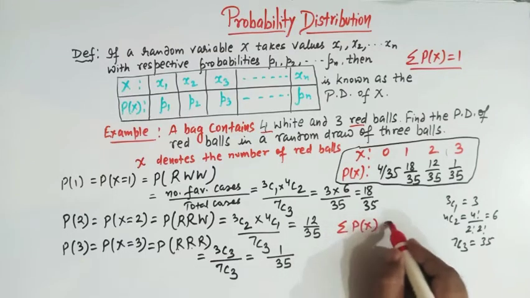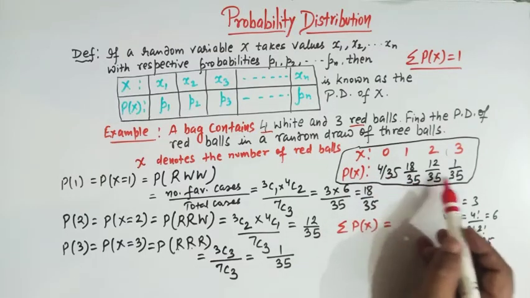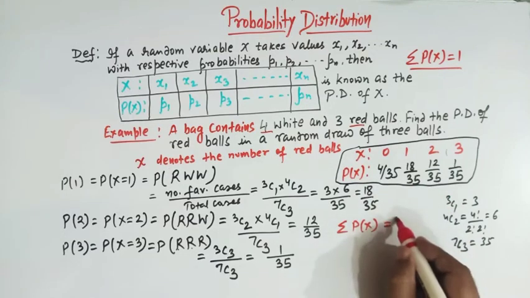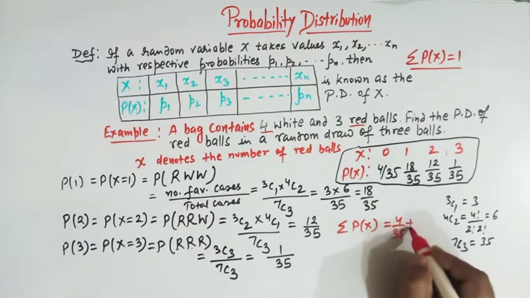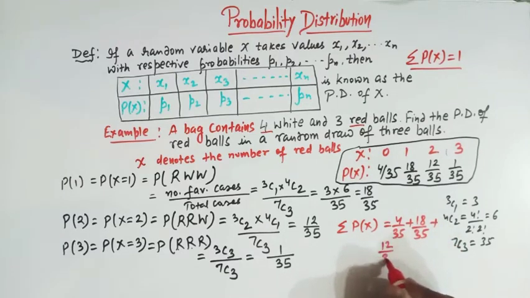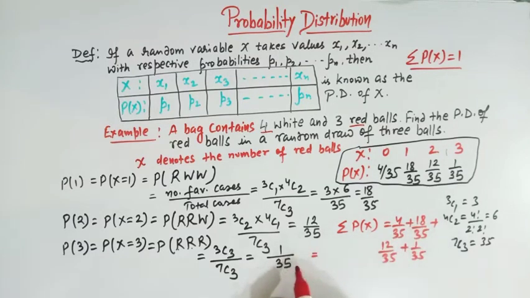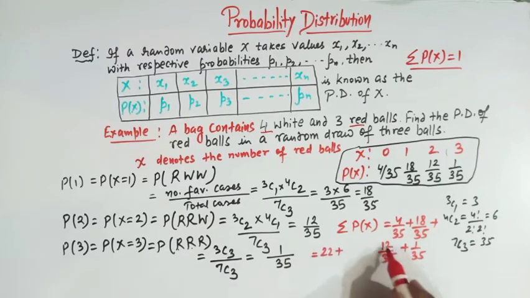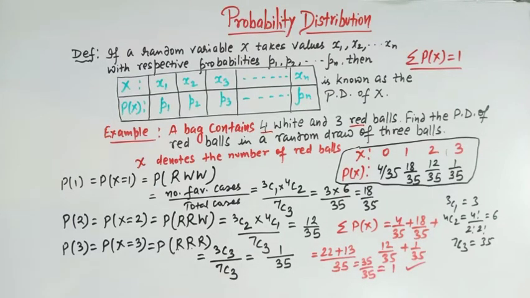So let us see the sum of all these four fractions. This is 4 by 35 plus 18 by 35 plus 12 by 35 and 1 by 35, and we see that 4 plus 18 is 22 and 12 plus 1 is 13, so 35 divided by 35, that is equal to 1, right?